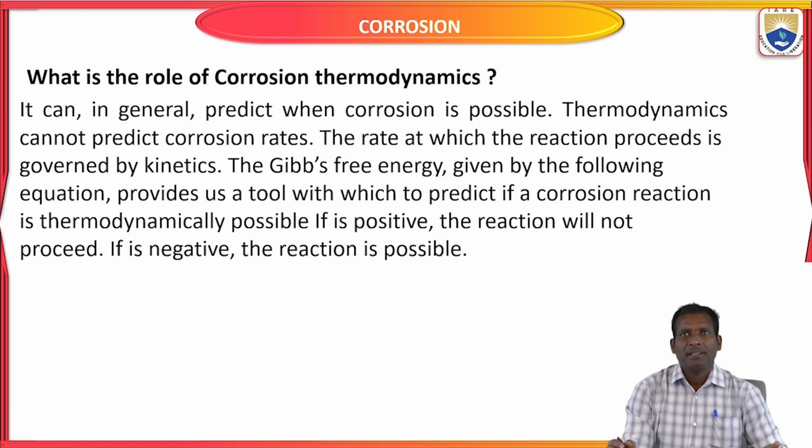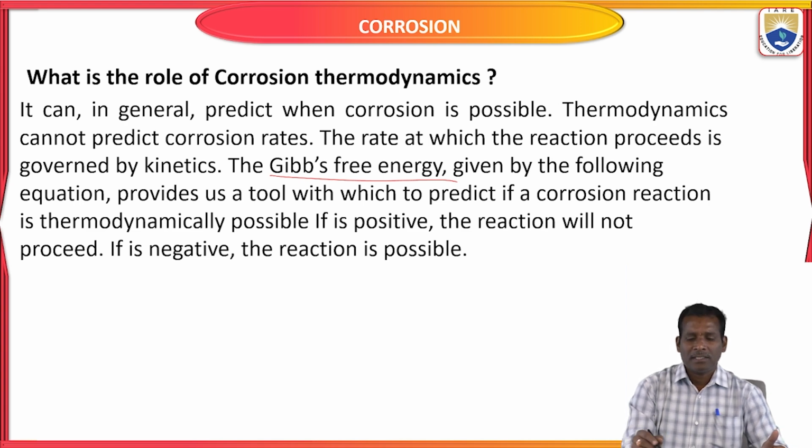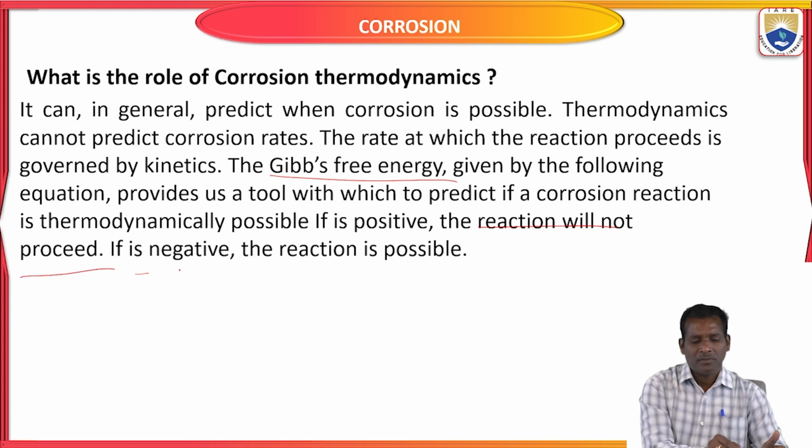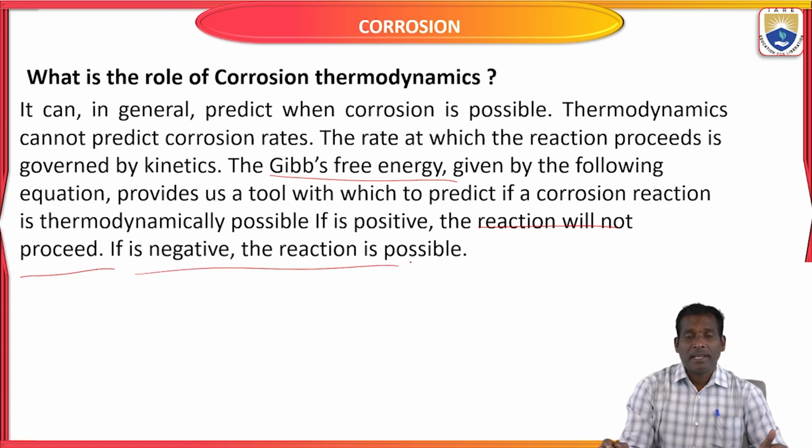The rate at which the reaction proceeds is governed by kinetics. The Gibbs free energy given by the following equation provides us a tool with which to predict if a corrosion reaction is thermodynamically possible. If it is positive, the reaction will not proceed. If it is negative, the reaction is possible.